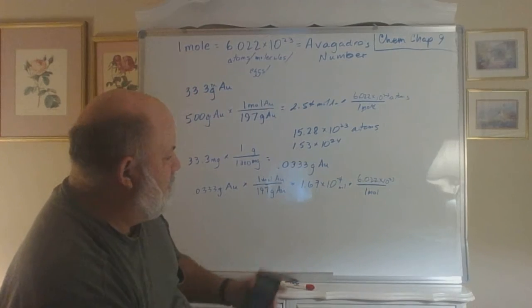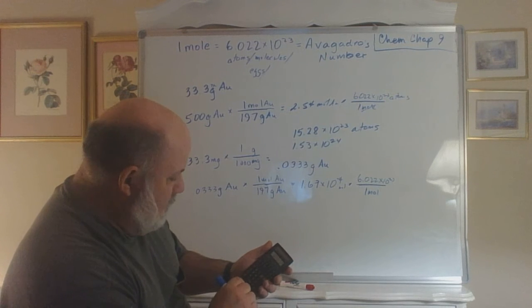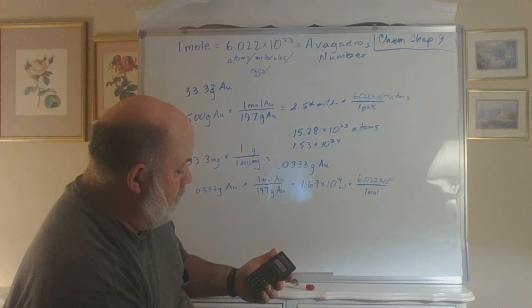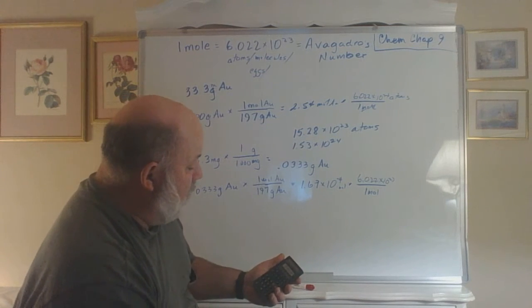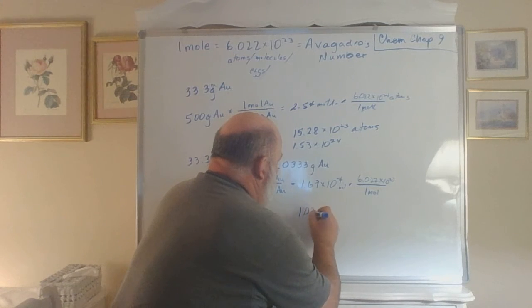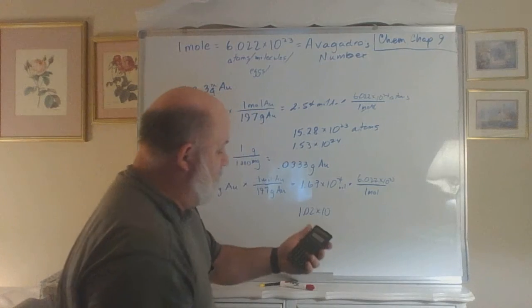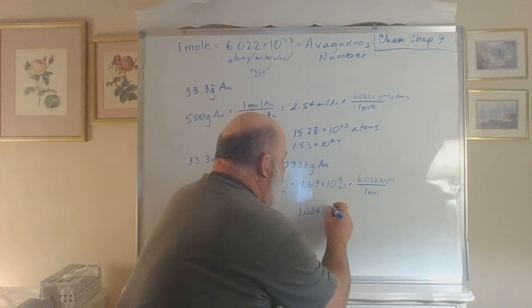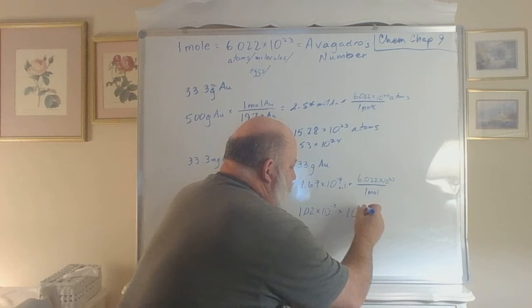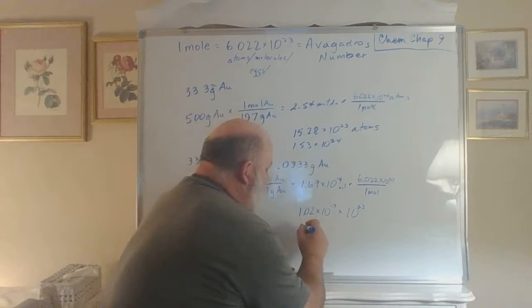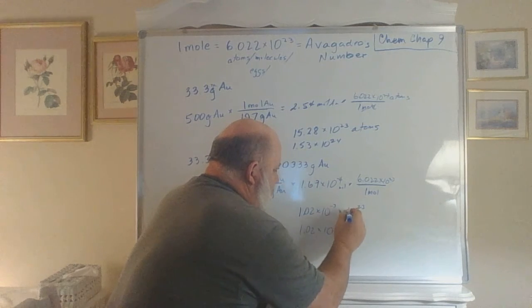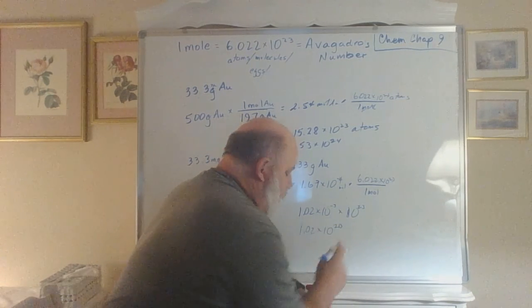So I'm going to take this and go times 6.022 equals, it gives me 1.02. And my calculator says 10 to the negative 3. That did not take into account that 10 to the 23 up there. So this will eventually give me 1.02 times 10 to the 20.